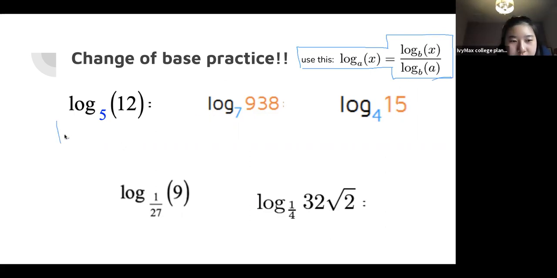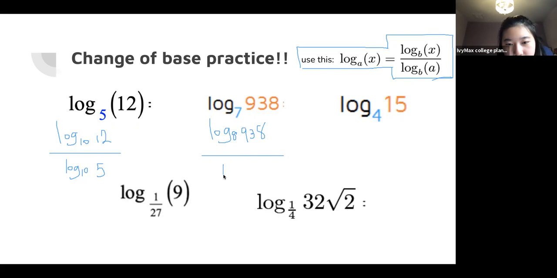So log b, again, you can choose any number, but I recommend use 10. So log base 10 of 12 over log base 10 of 5. And then here, I will change the base, just to let you know: log base 8 of 938 over log base 8 of 7. If you want to add parentheses, that will be better.